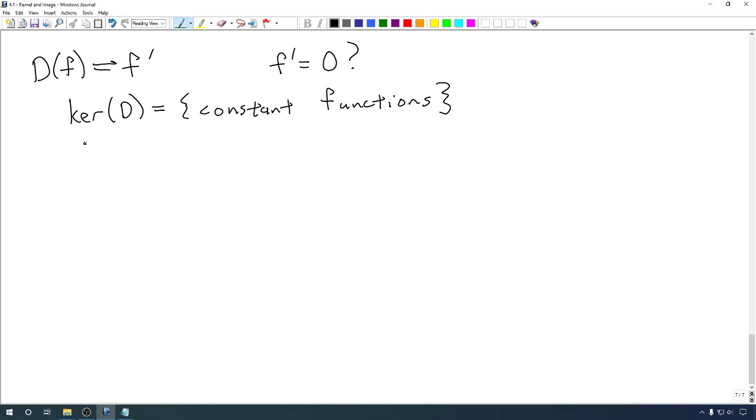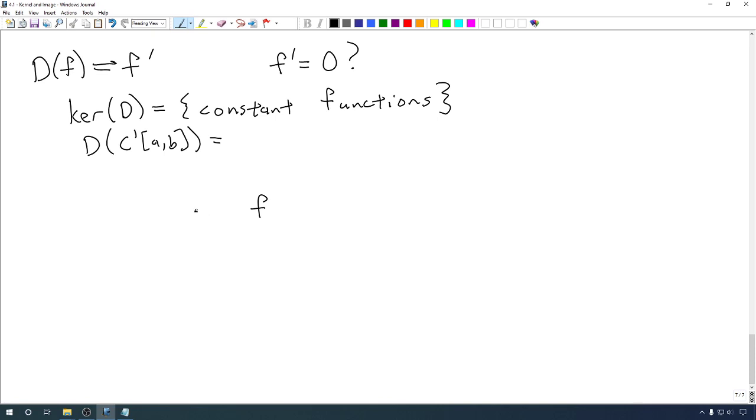What about the range? Taking the entirety of differentiable functions on [a, b], we're asking what possible functions can be the result of differentiating a function? Well, if we have a function to begin with, can we find a function whose derivative is equal to that function?